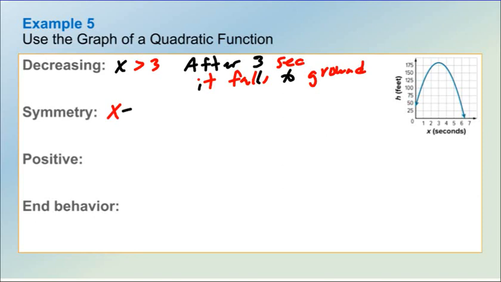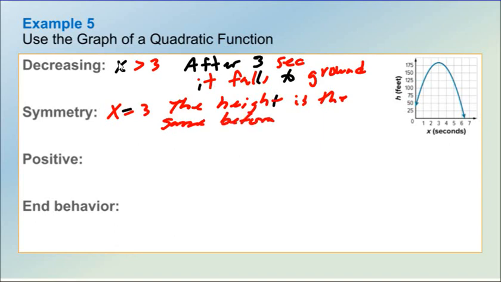Symmetry was x equaling 3. So that just means the height is the same before and after 3 seconds.